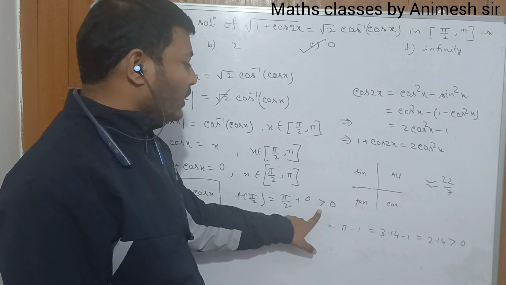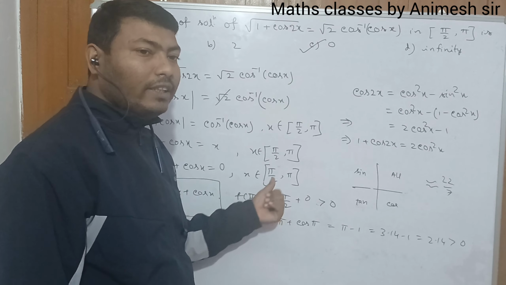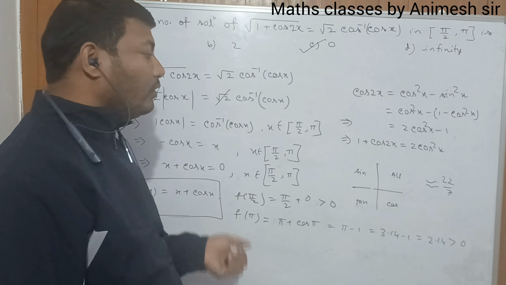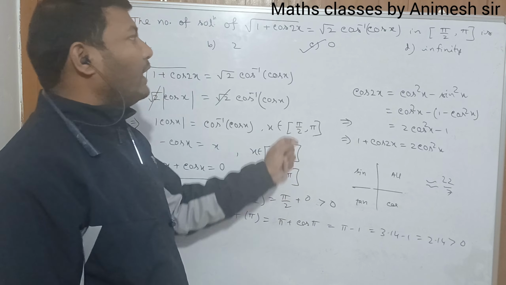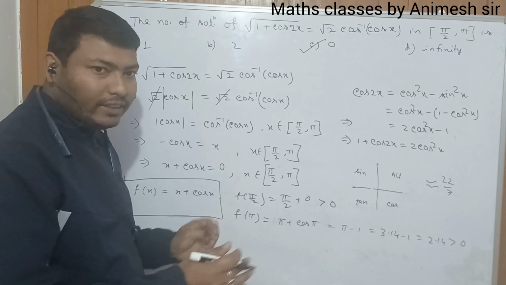At the two end points we are getting f x greater than 0, and f x is continuous also. So f x will not take the value 0 at any point in that interval.